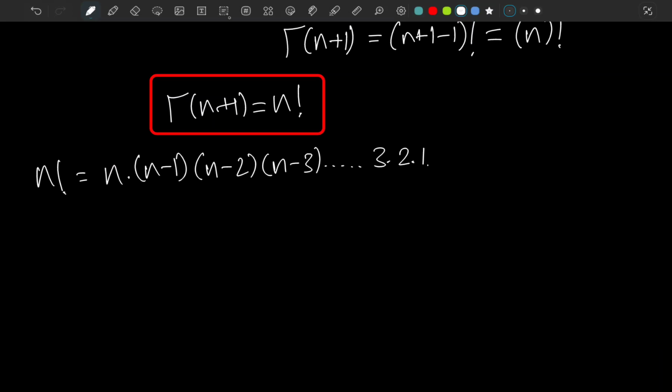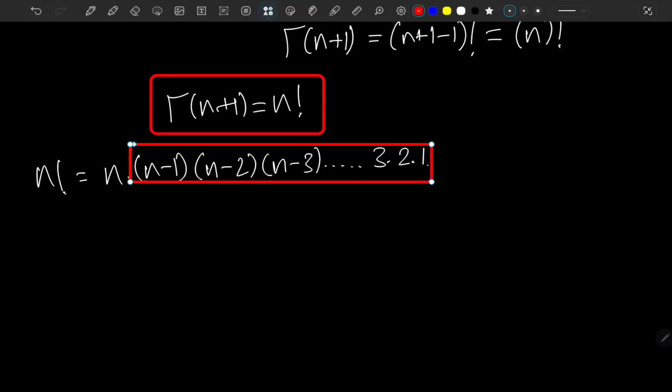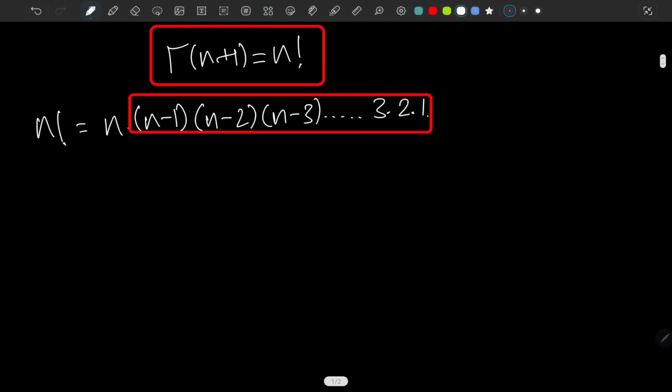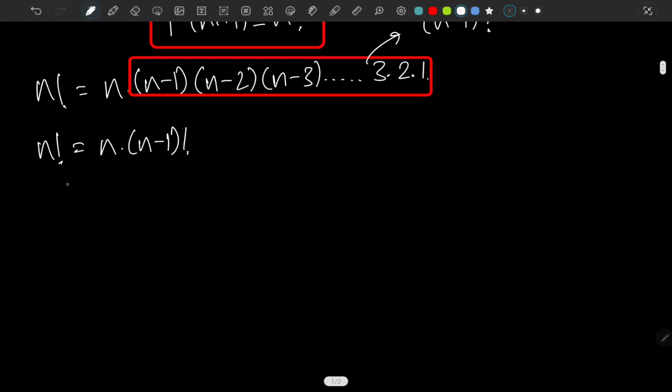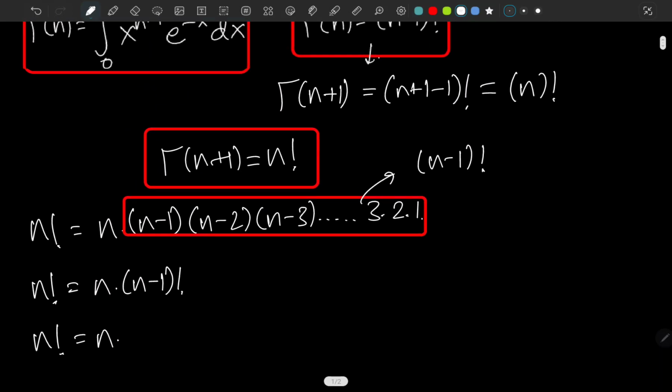Assuming this part is left alone as a single term, that is n minus 1 factorial, n factorial is n times n minus 1 factorial. And what is n minus 1 factorial?